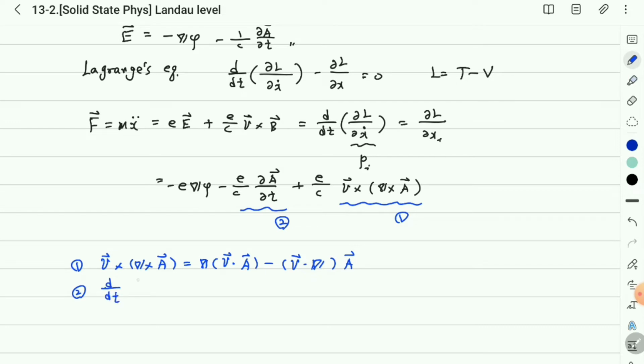The second one is that let's consider dA/dt. A is a function of position vector and time.